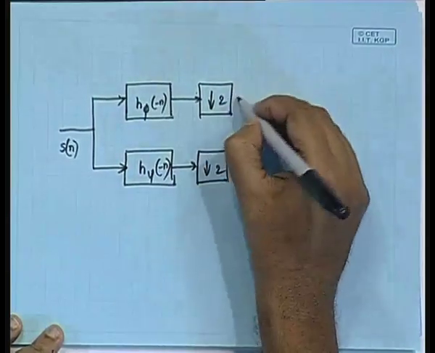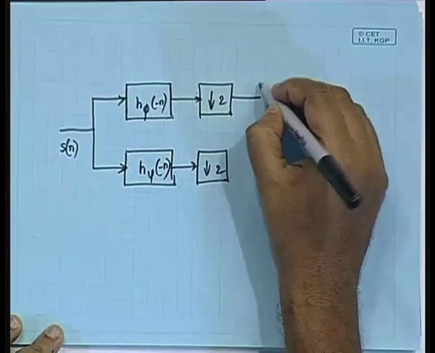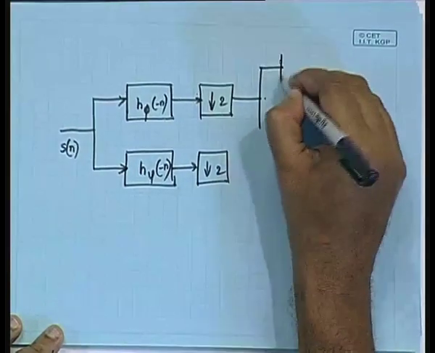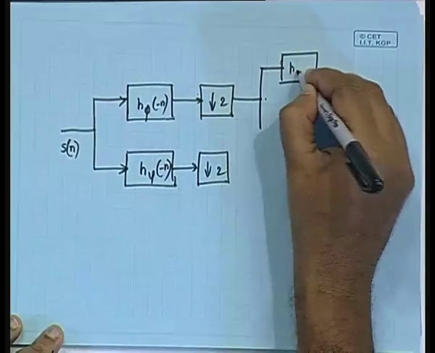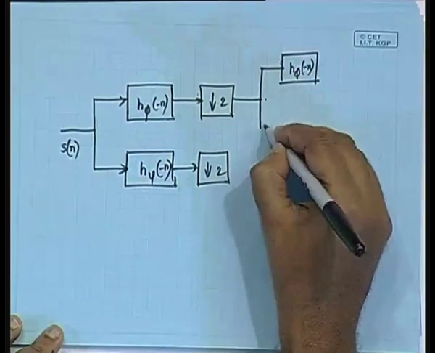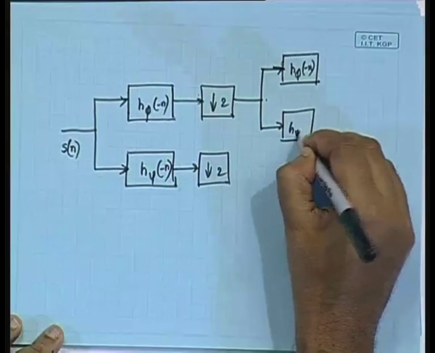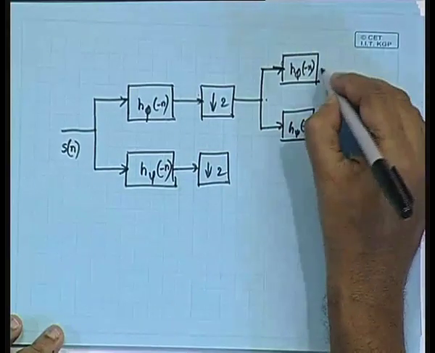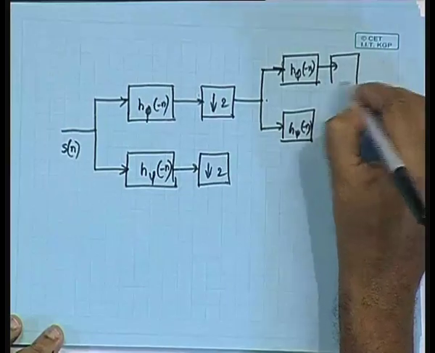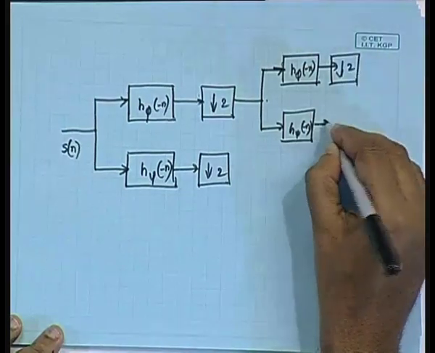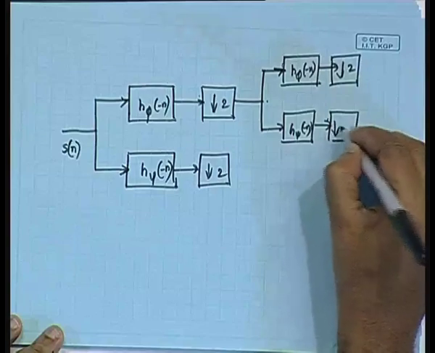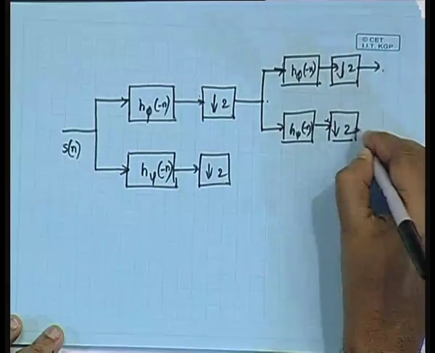This is our low pass filtered version, and this I am again further analyzing with H phi minus n, H psi minus n, again decimating by 2, decimating by 2.